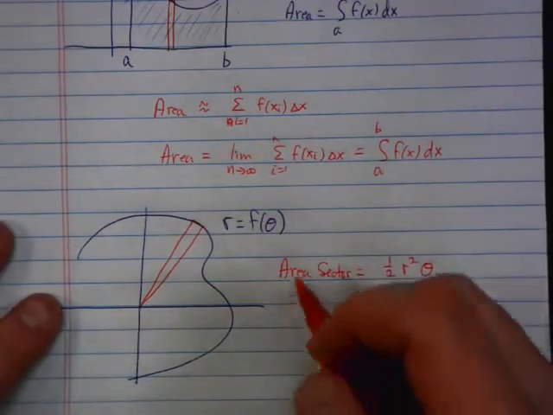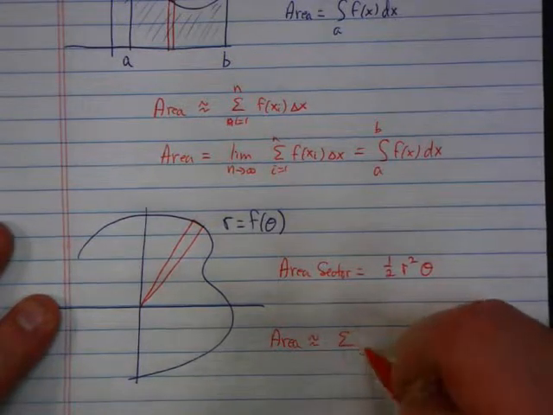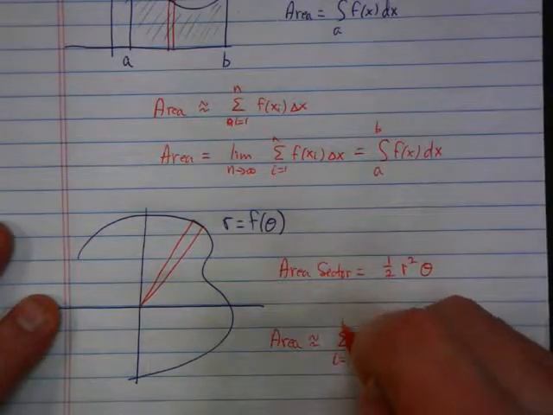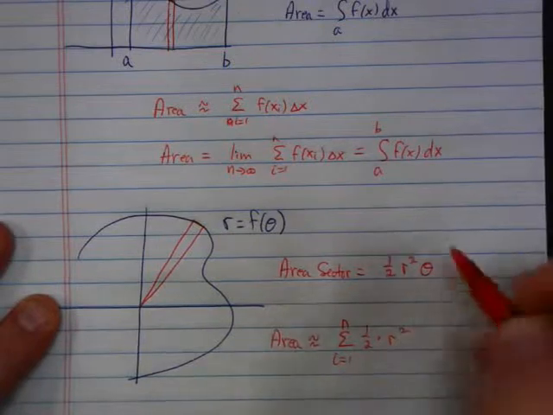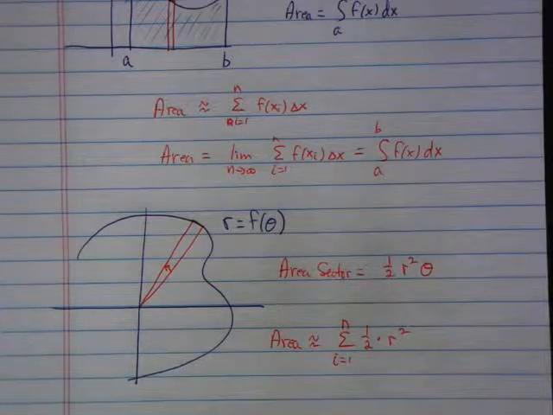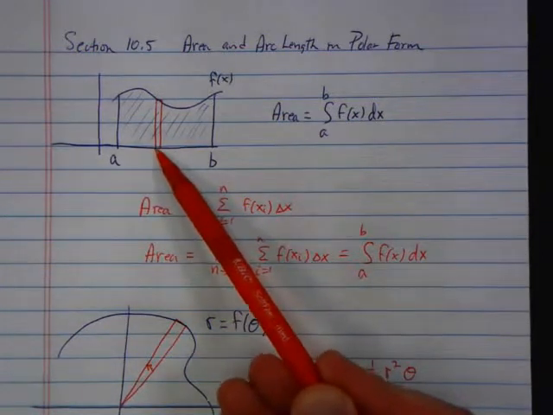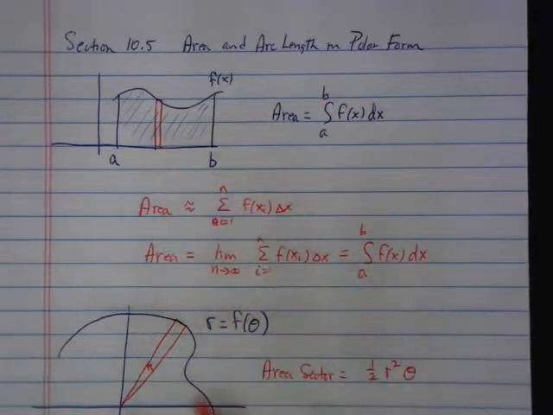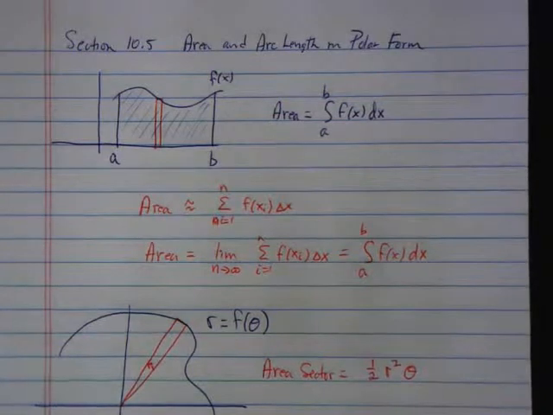So we would have the area of the entire region is approximately the sum from i equals 1 to n of 1/2 times the radius squared. Now, again, we're building teeny tiny little sectors here, just a very, very small angle. What are we going to call that angle? Kind of like when we built a really, really skinny rectangle, what did we call the width? We called it dx for a rectangle. When we're building a teeny tiny little sector, it's going to be delta theta.